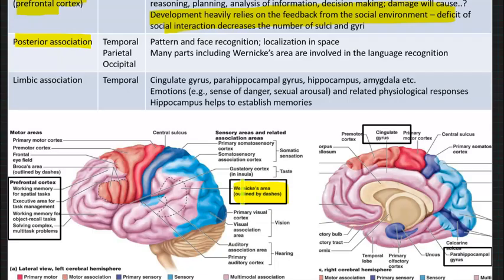The largest in all mammals or animals, obviously, per brain size. Wernicke's area, this one, is responsible for your language abilities. Does that make sense?